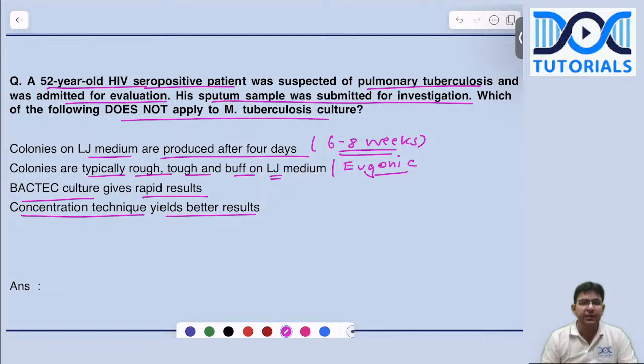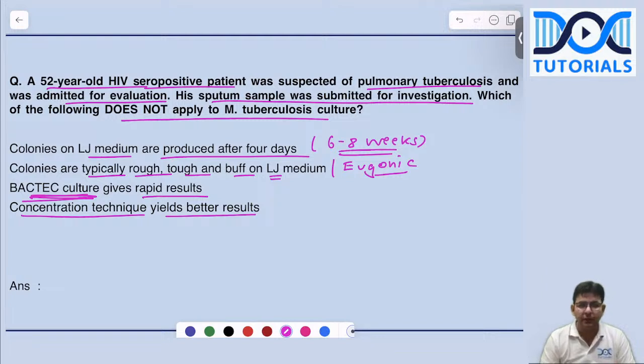Other than LJ, if somebody asks you: Dorset egg media, Petragnani, Dubos, these all are culture media of TB. And in BACTEC culture, which is a liquid culture method, what do you use? You use Middlebrook 7H11, which is a liquid media. This can be asked, so remember this point regarding MTB.